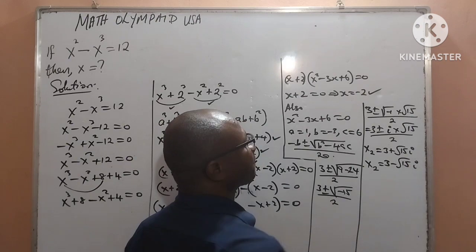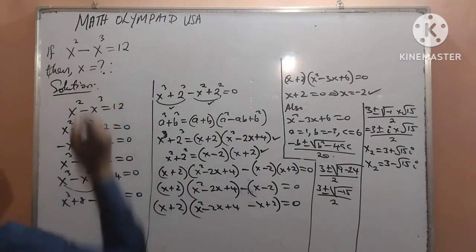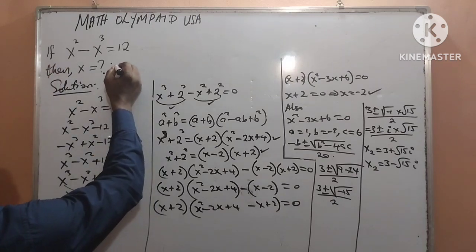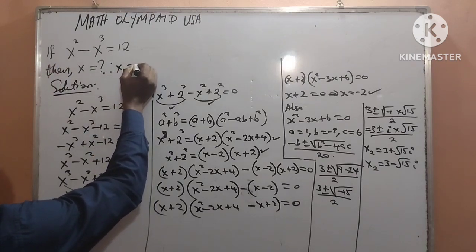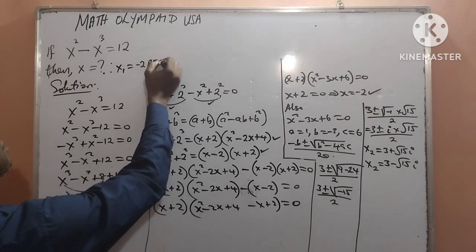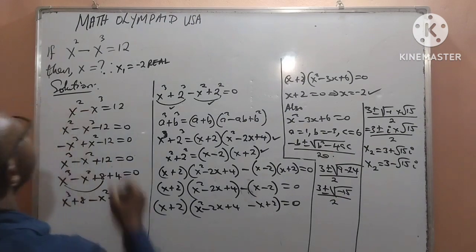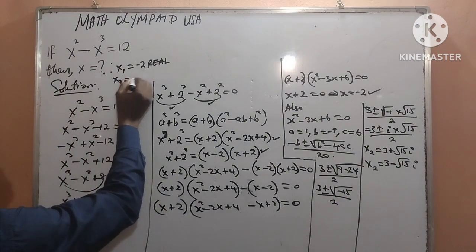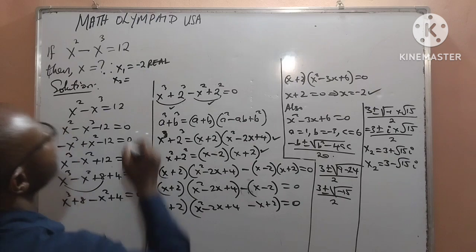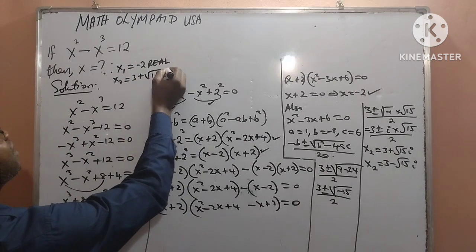Therefore, in conclusion, we can now say that the values of x are first equal to minus 2, and this value is a real root of the equation, while the second value of x is a complex root, which is going to be 3 plus the square root of 15i, all over 2.